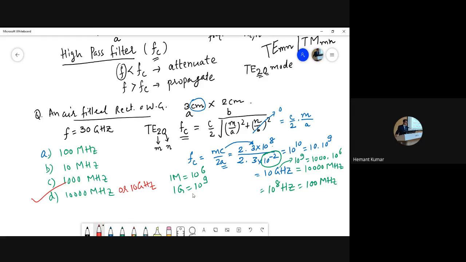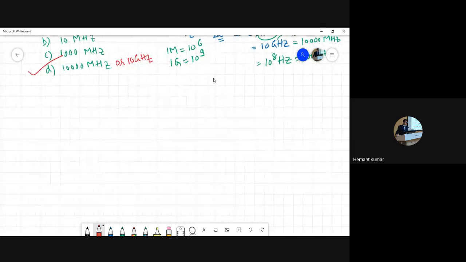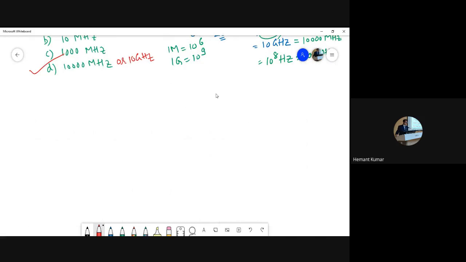So this is about the cutoff frequency. We have calculated the cutoff frequency. For the same question, they may ask you to calculate the impedance. Similar to a transmission line in electromagnetic theory, there is impedance of a waveguide also.